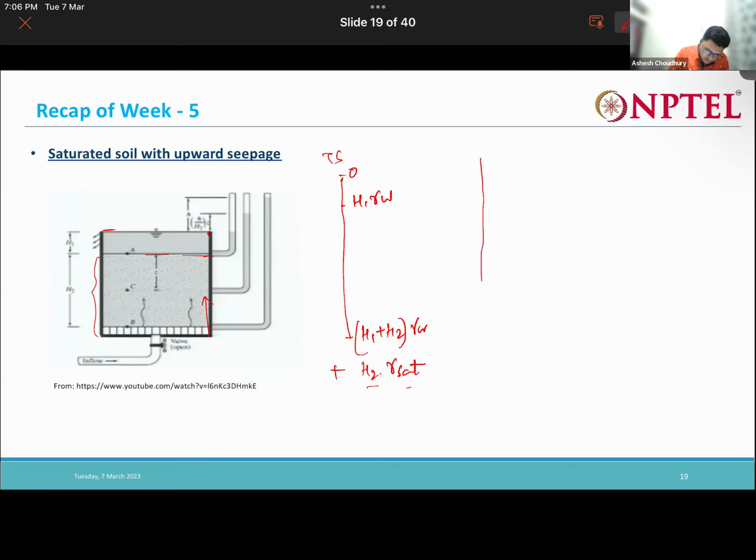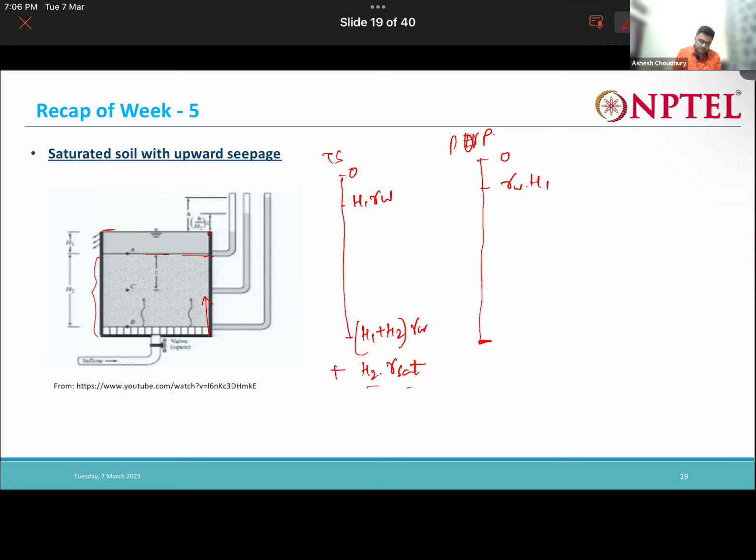Now let us go here. We will come back to this one. This is my pore water pressure. Here it will be zero. Here it is gamma W into H1.